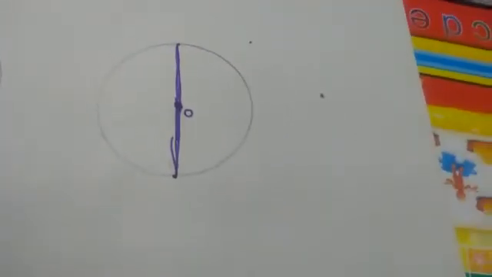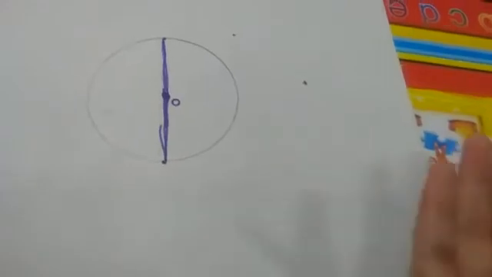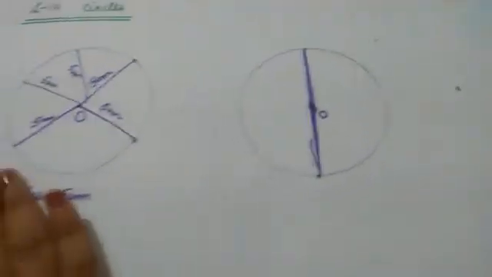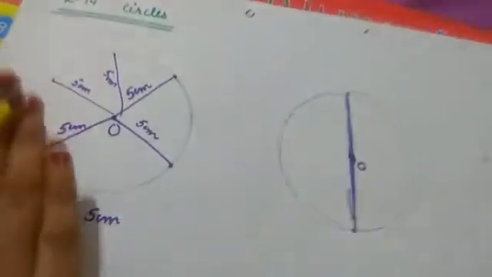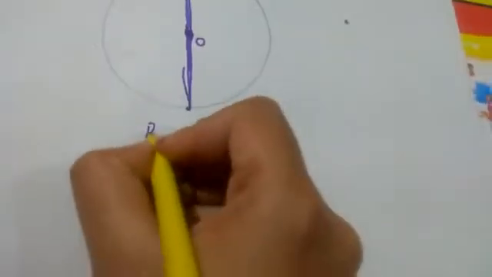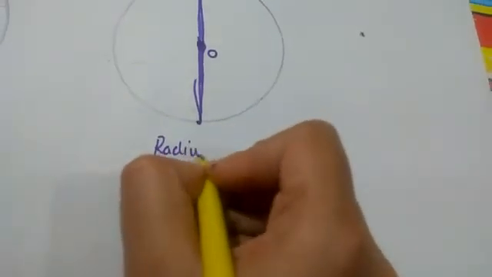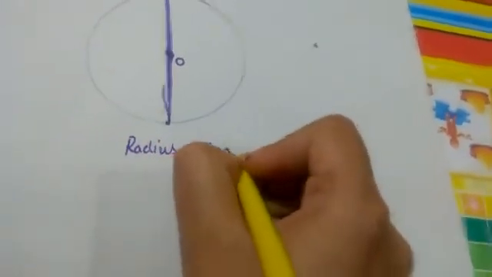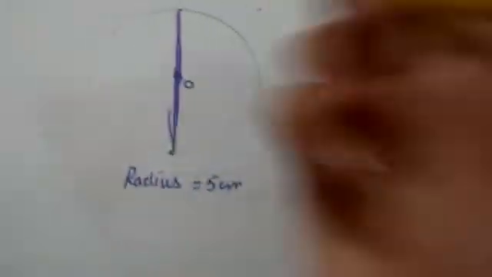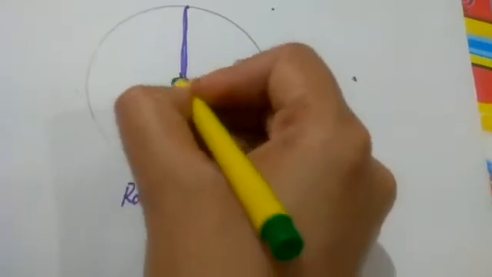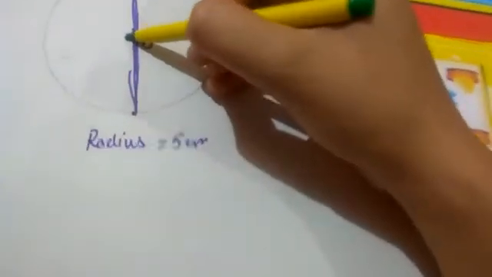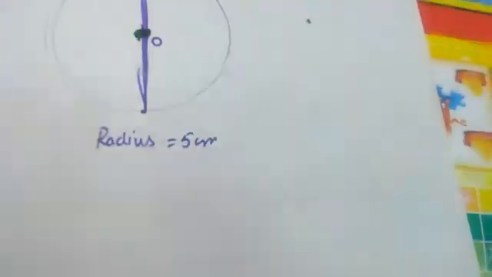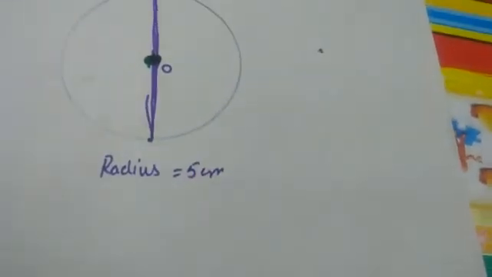Now see, what is the length of the diameter? I have drawn a similar circle to the one I drew previously, so here also the radius is equal to 5 centimeters. Now see it carefully. This is the center of the circle, right? The distance between the center of the circle and any boundary point is the radius of the circle.